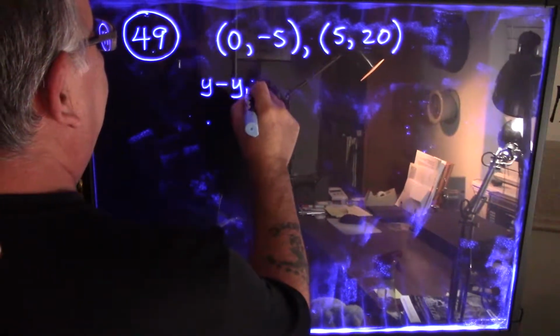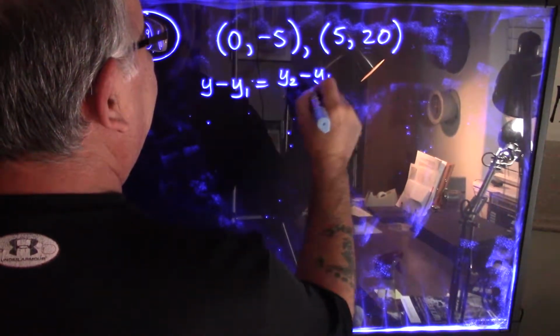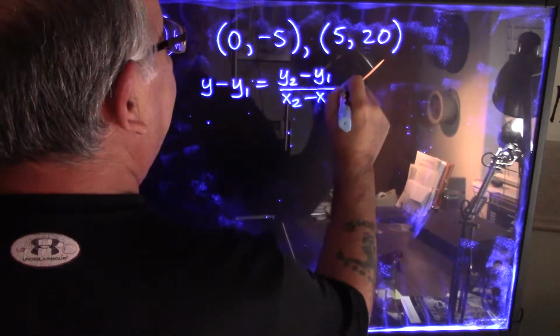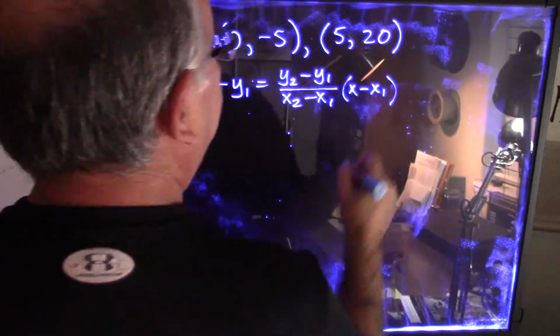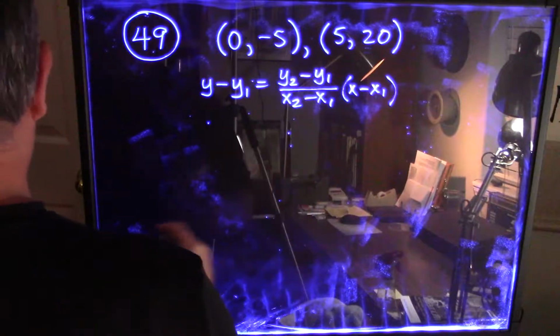y minus y1 equals y2 minus y1 over x2 minus x1 times the quantity x minus x1. We'll call this x1, y1 and x2, y2.